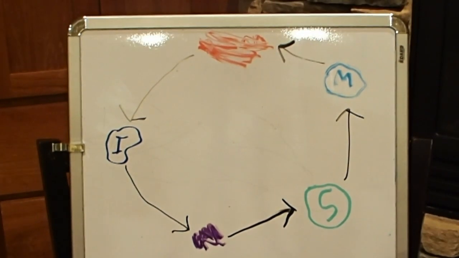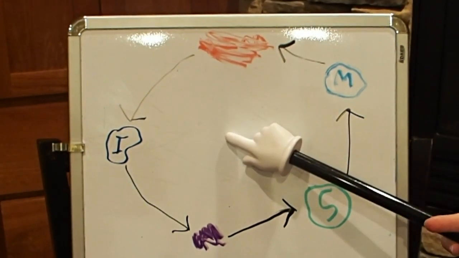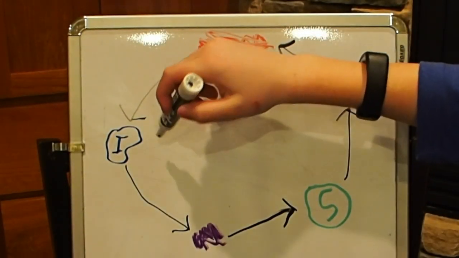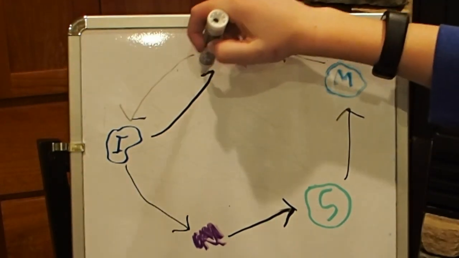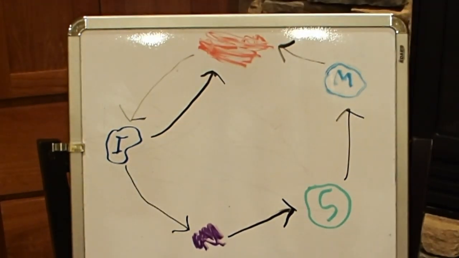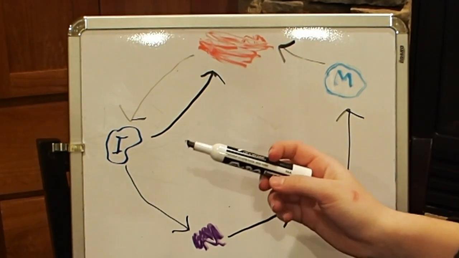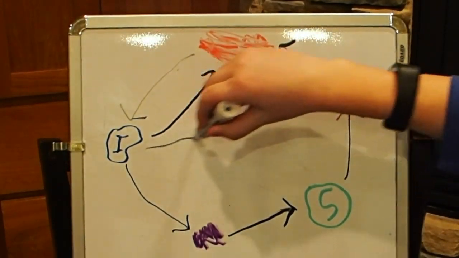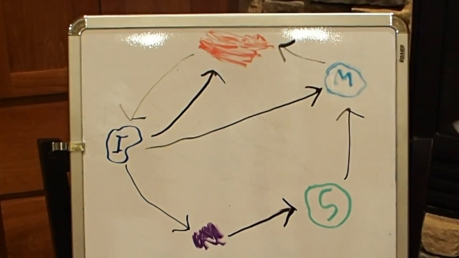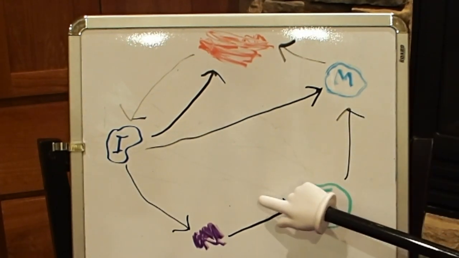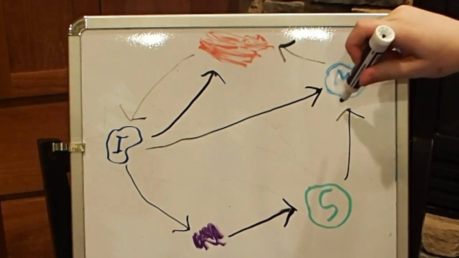If that's not already confusing, there's more. Igneous rock can also melt and become magma again. Also, when there is heat and pressure applied to igneous rock, it can turn into metamorphic rock. Metamorphic rock can also, after weathering and erosion and deposition, turn into sediment.